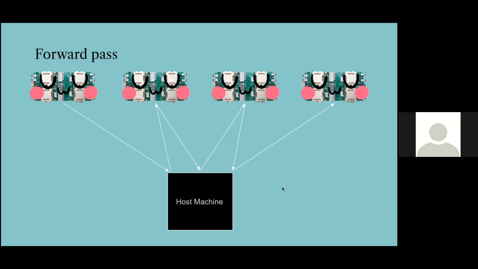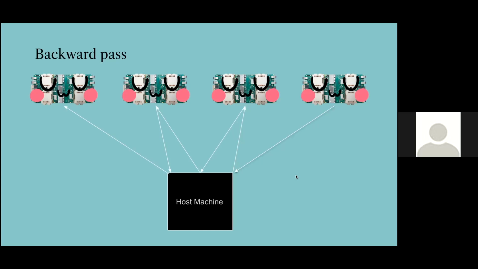The first TPU would process the first microbatch and send it to the host machine, and the host machine will acknowledge the activation and send it to the second TPU for the next propagation. And the backward pass looks very similar. It just flows the other way around.